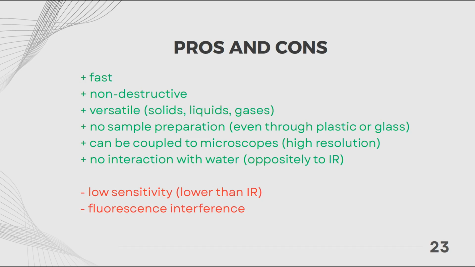And as for me, I think the most interesting advantage of Raman spectroscopy is that there is absolutely no sample preparation, and you may even measure the sample through a plastic or glass container. I have seen this in practice once. It is used mainly in the analysis, for example, of some liquids.